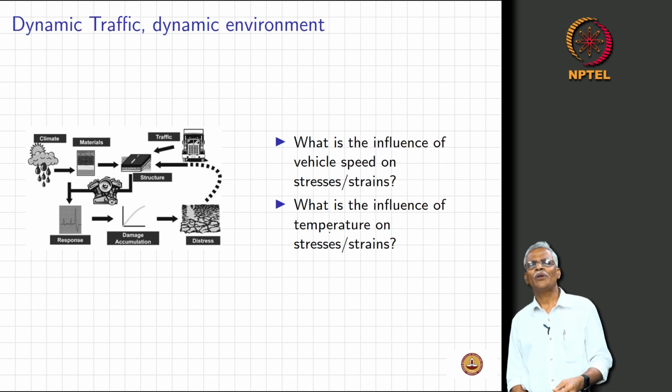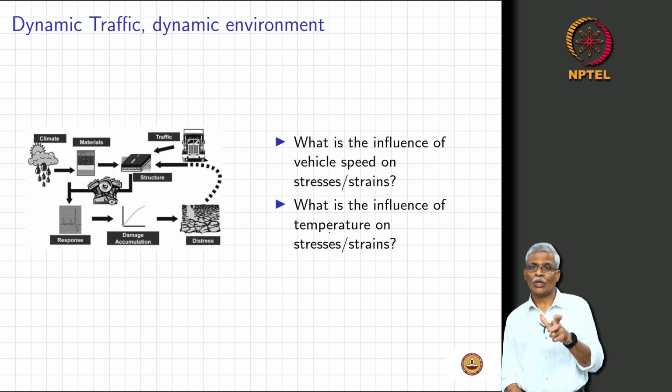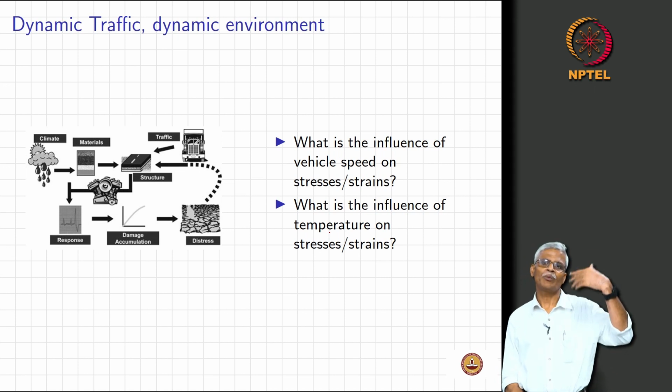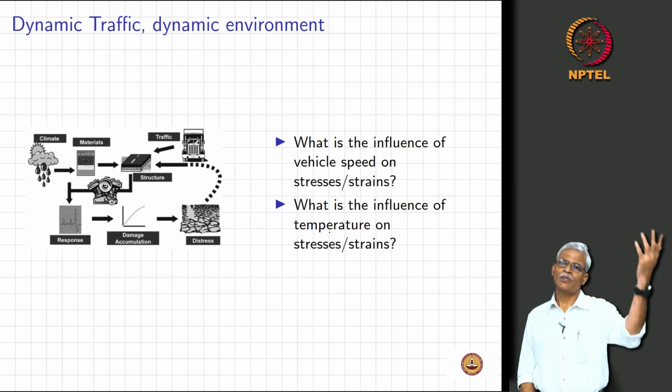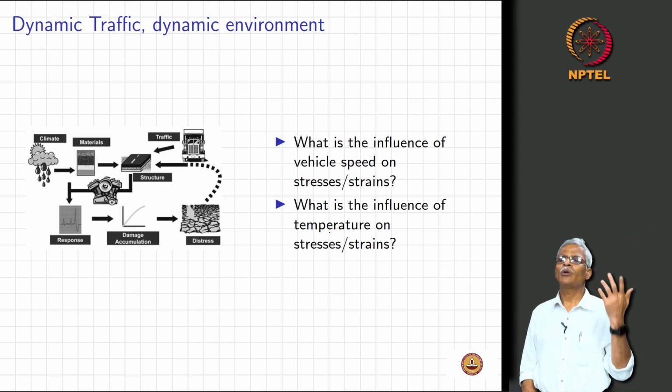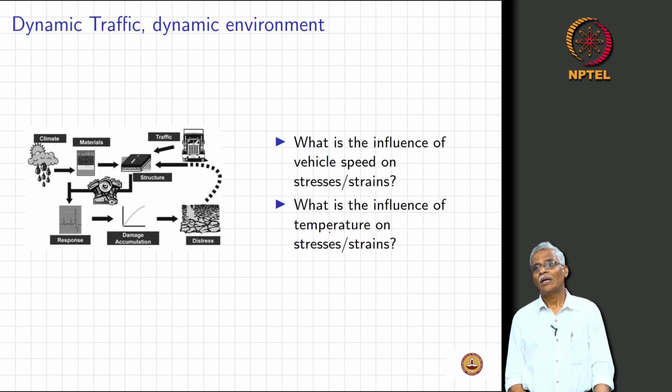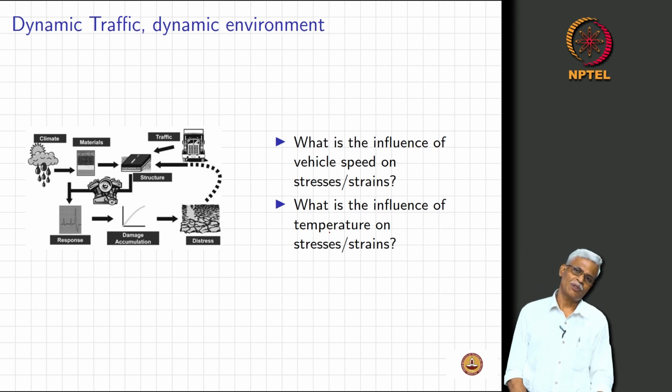If you are driving your truck at 40 km per hour, the loading time duration, as we have discussed earlier, is going to be more, and the deformation is going to be more. And what about the influence of temperature? Again we have discussed it before. If the pavement temperature is very high or very low, that is also going to affect the performance of your pavement.